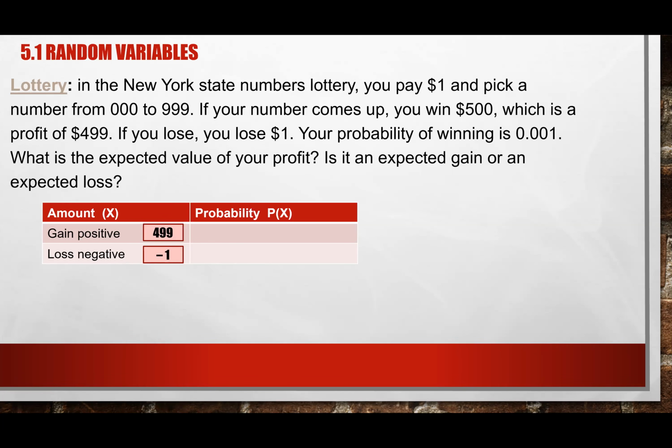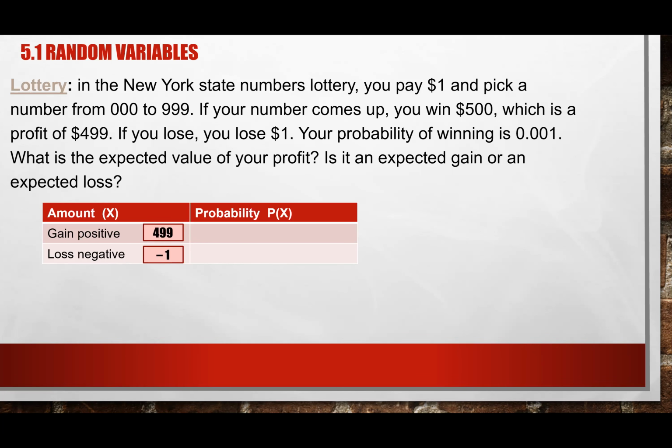You get 500, but within the 500 there is your $1. They spell it out, so that's good. And the loss, if we lose, is $1. So everybody see where my $4.99, which is the profit or gain, and the loss, which is -1, come from: it's the $1 that we lose if we were to lose.